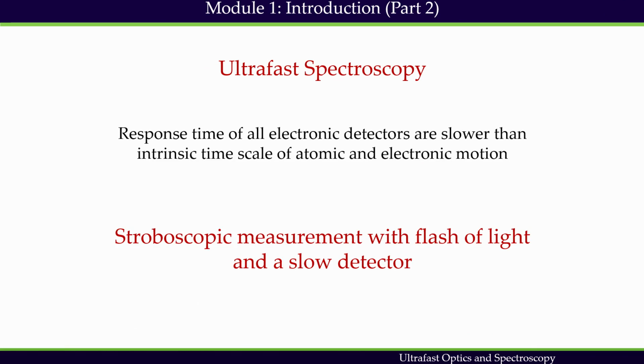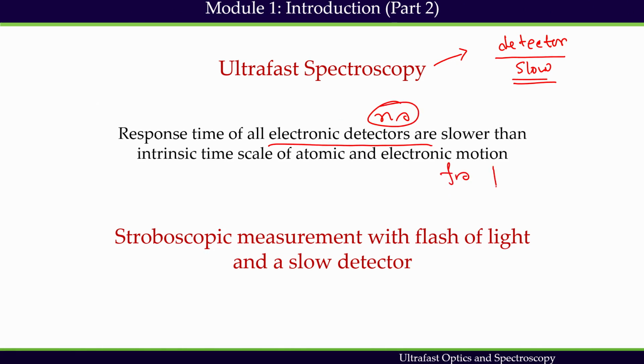If the available time sensitive detector is slow, as it is for ultrafast spectroscopy, the response time of all electronic detectors is actually nanosecond, which is much slower than femtosecond vibrational motion, picosecond rotational motion, or attosecond intrinsic electronic motion.